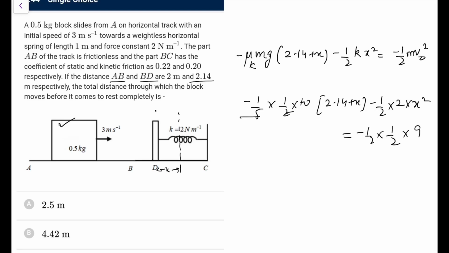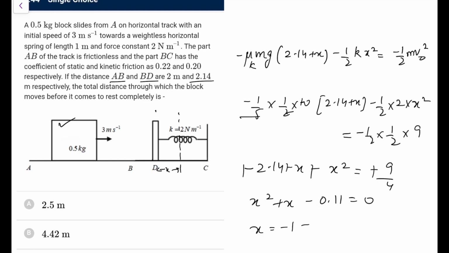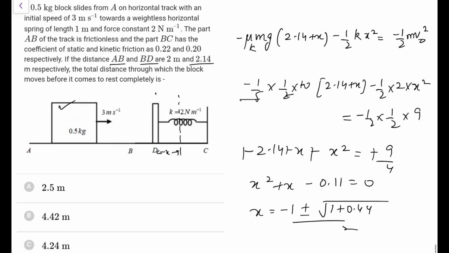So this 5 and 2 and 10 goes, minus 2.14 minus x square is minus 9/4, whole minus gets cancelled. So we will have x square plus x, and it would be 2.25 minus 0.11 equals to 0. So x is equal to minus 1 plus minus under root of 1 plus 0.44, upon 2. X cannot be negative, so we will take only the positive value, plus 1.2/2, that is 0.1 meters.